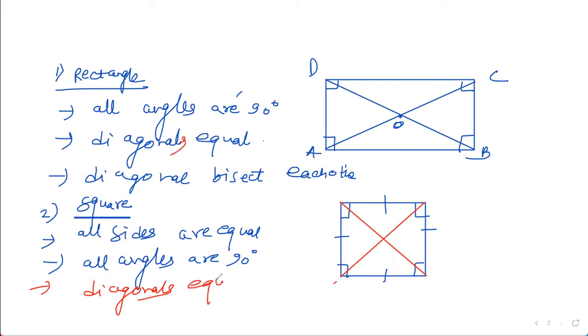Not only that, the diagonals bisect each other, and they bisect each other at 90 degrees. We already discussed what bisecting each other means, but at 90 degrees basically means that at the point of intersection, all these 4 angles are going to be 90. That is a very special feature about a square.